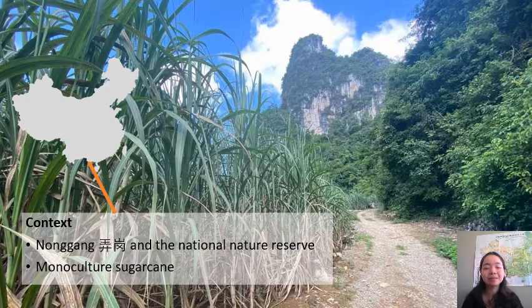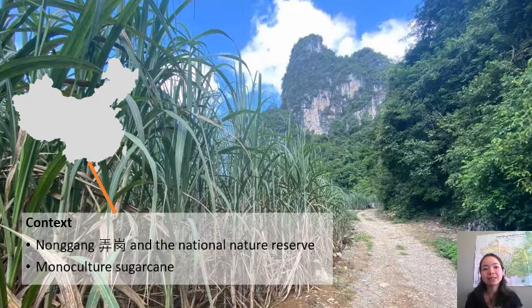And at the same time, it's also an important agricultural land. Much of the lowland areas are now occupied by agriculture rather than forests. And while it used to produce rice and a range of other produce, today the lower elevation of Nonggang is occupied with an expanse of monoculture sugarcane, and they're mostly consolidated large-scale industrial operations.